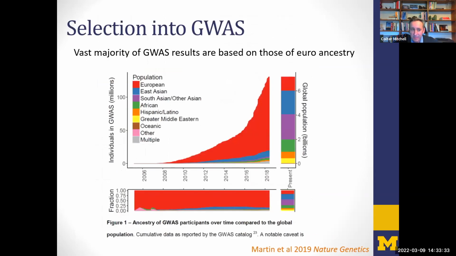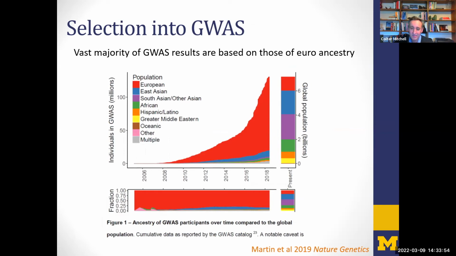Another key part to this is there's selection into GWAS, and this is a slightly different thing, but still related. The vast majority of GWAS results are based on only European ancestry for the reasons I was saying before. There's some ethnocentrism for sure. That's also where wealthier countries are typically located.